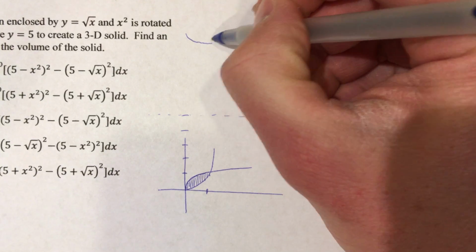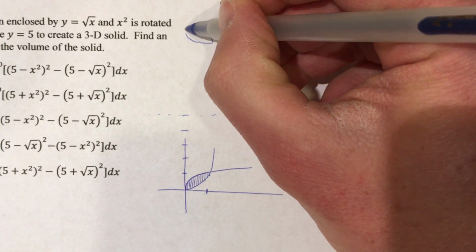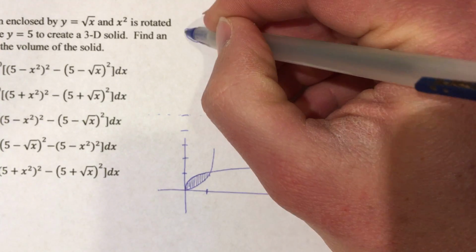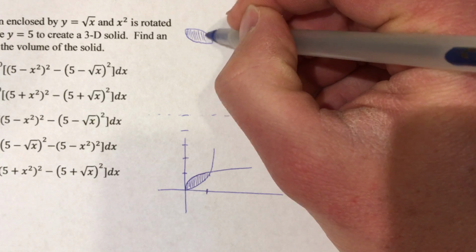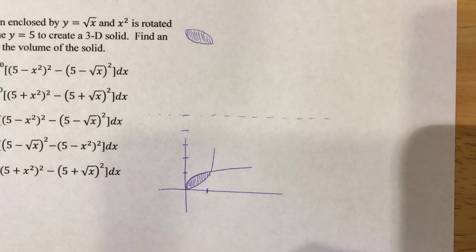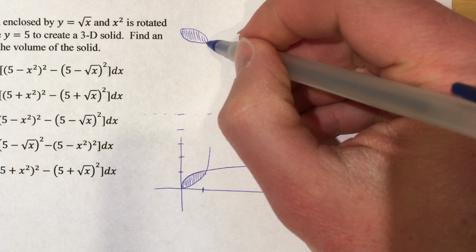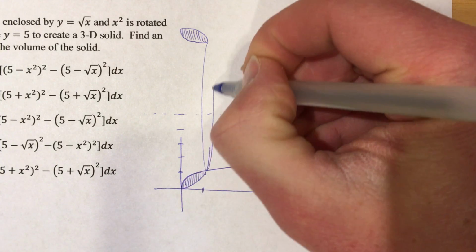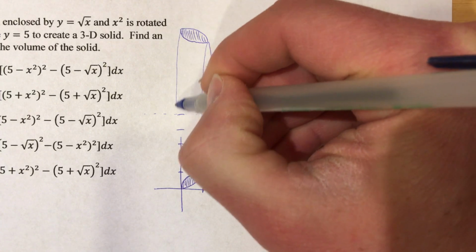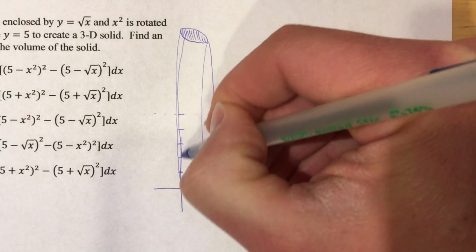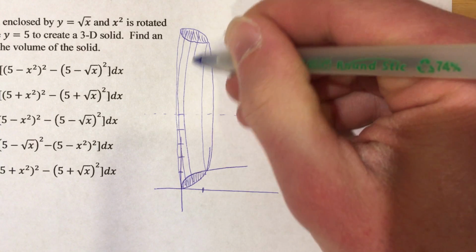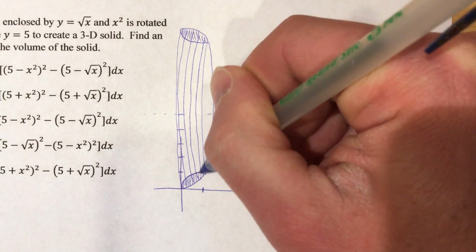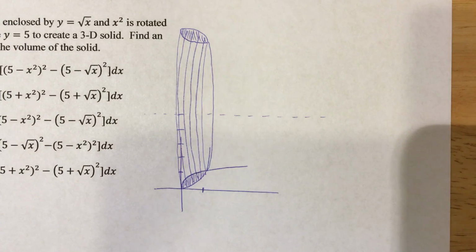It looks a little bit like this. And this thing is rotating around, so I'm going to give it a little three-dimensional quality here. That's what my three-dimensional solid looks like.